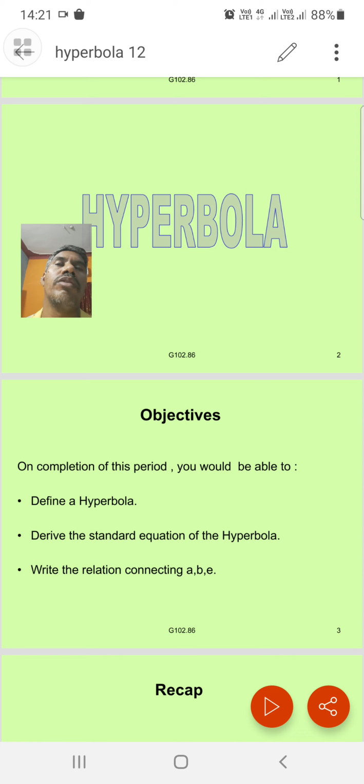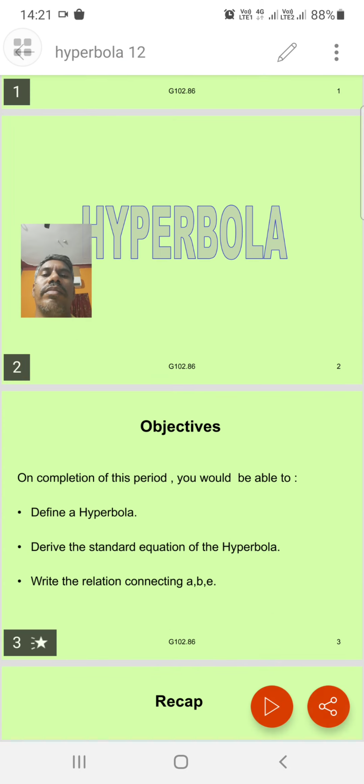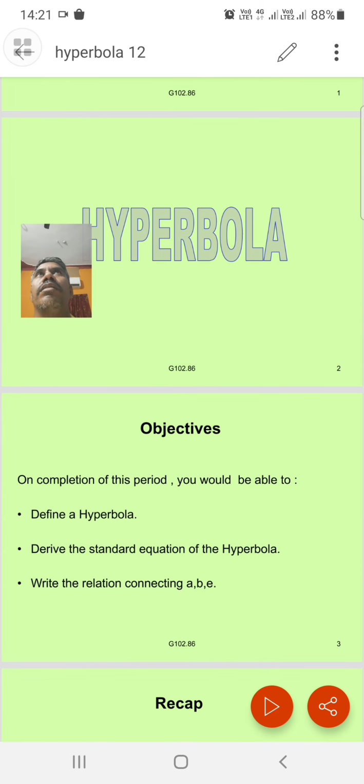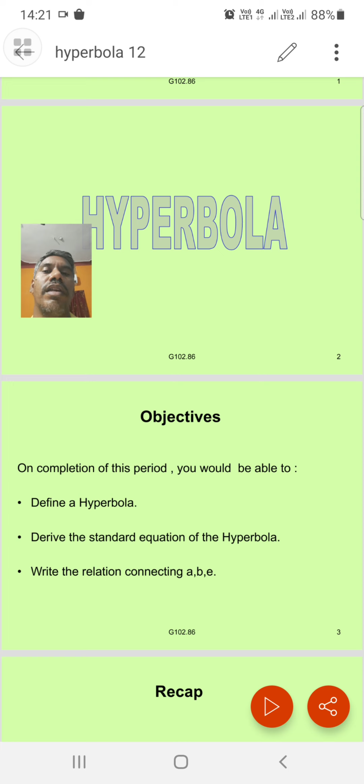In parabola, we need not write e square because it is 1, whereas in ellipse and hyperbola we have to write it, because in the ellipse it is less than 1, and in hyperbola it is greater than 1.